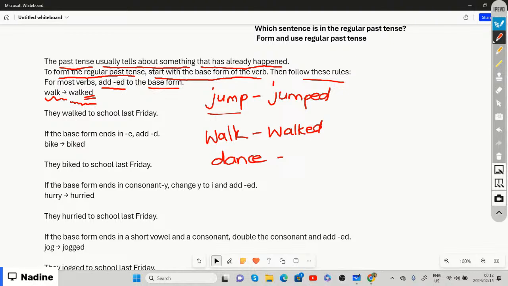And yes, talked is okay. First, danced, yes, that is correct. And can you see what happened? Because dance ends with an e, all we do is add a d. But for all the other words that do not end with an e, we add an ed. And yes, for example, talk and talked.